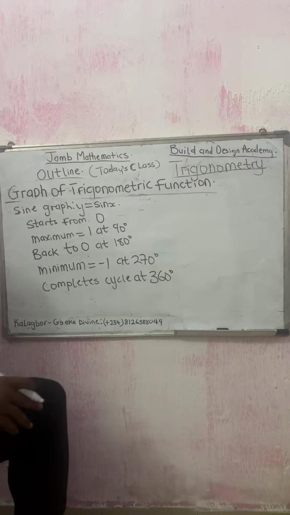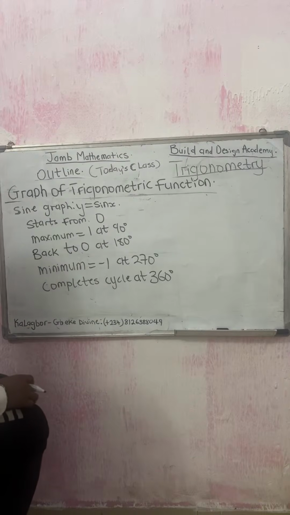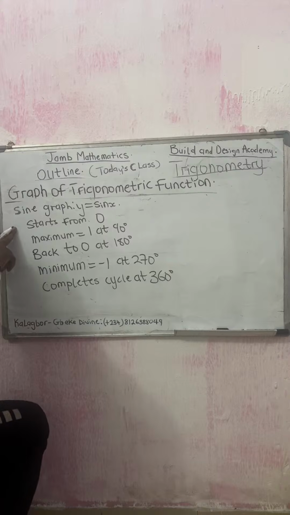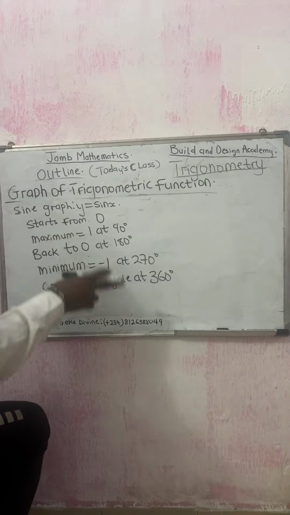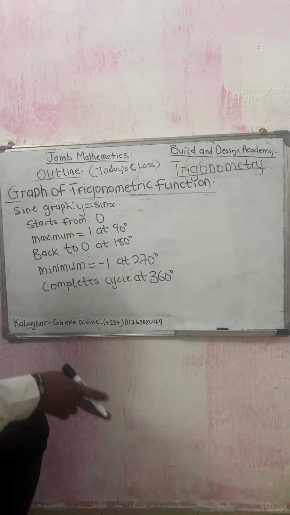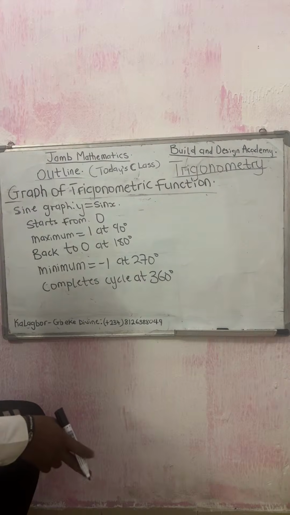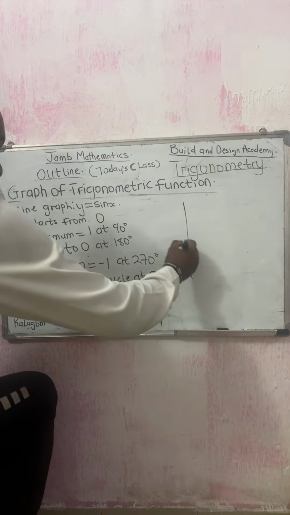So for the sine graph, it starts from 0, as it's going, it will get to the maximum at +1. Then it will go back to 0 at 180 degrees. That's why we had the sine graph like this.